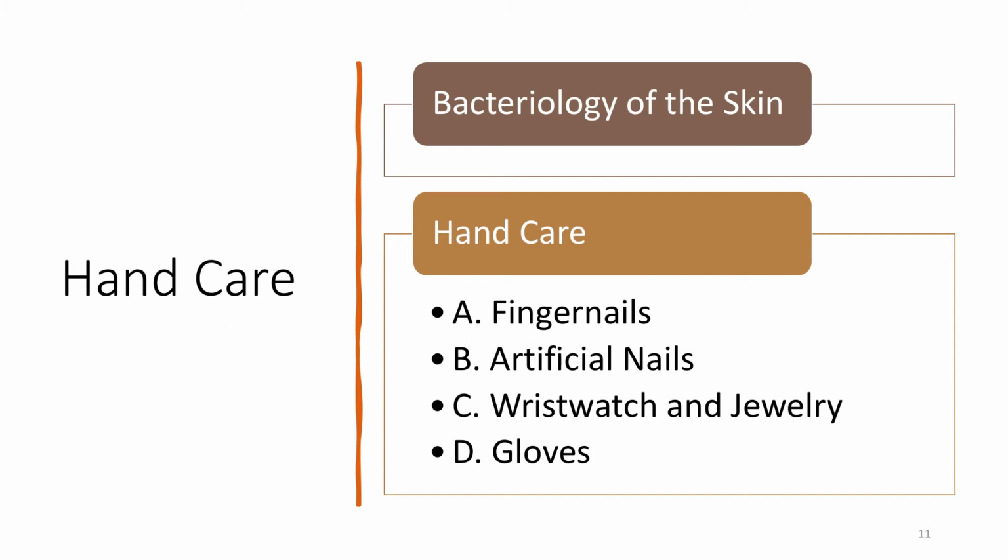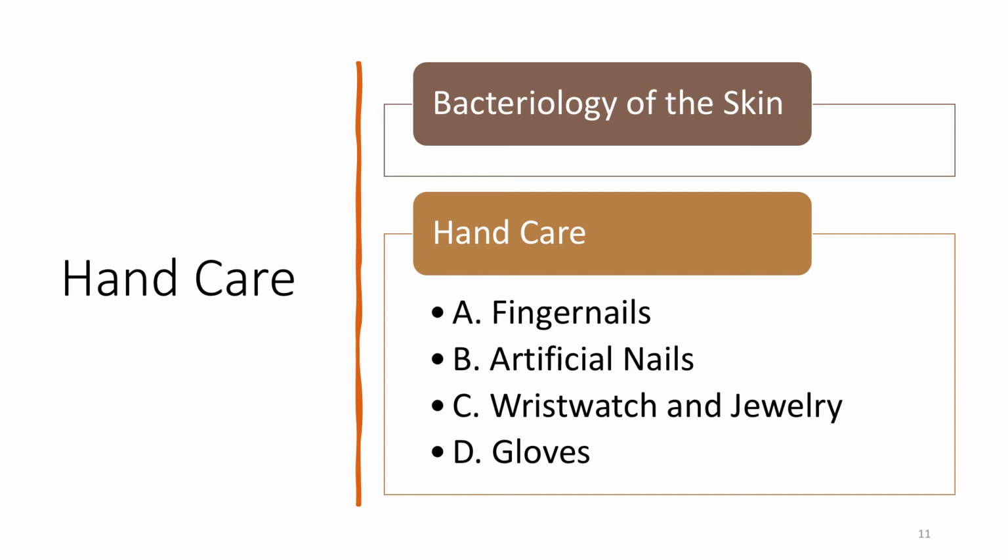So conscious efforts should always be made on gloved hands. You don't want to touch anything that's dirty, right? So, bacteriology of the skin: resident bacteria are mainly relatively stable unless there is a break in the skin. Generally, they tend to be less susceptible to destruction by disinfection procedures.